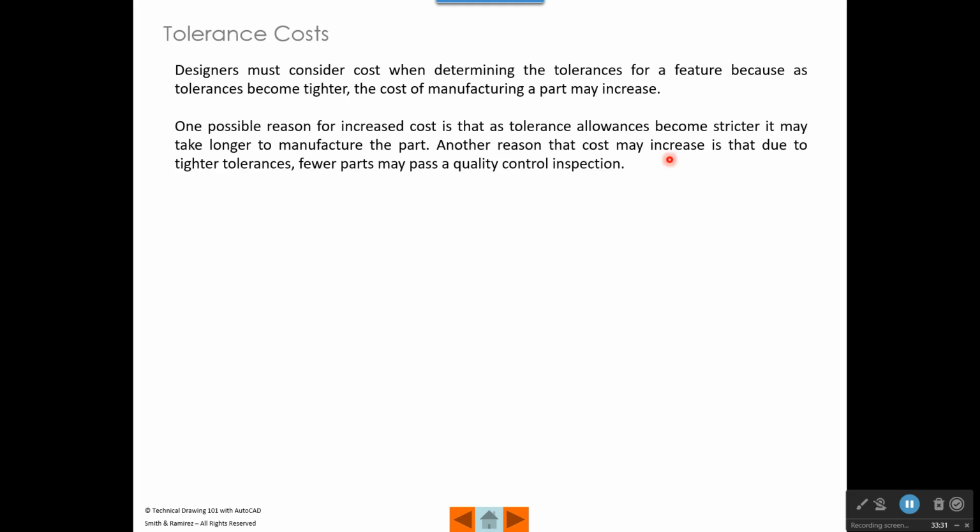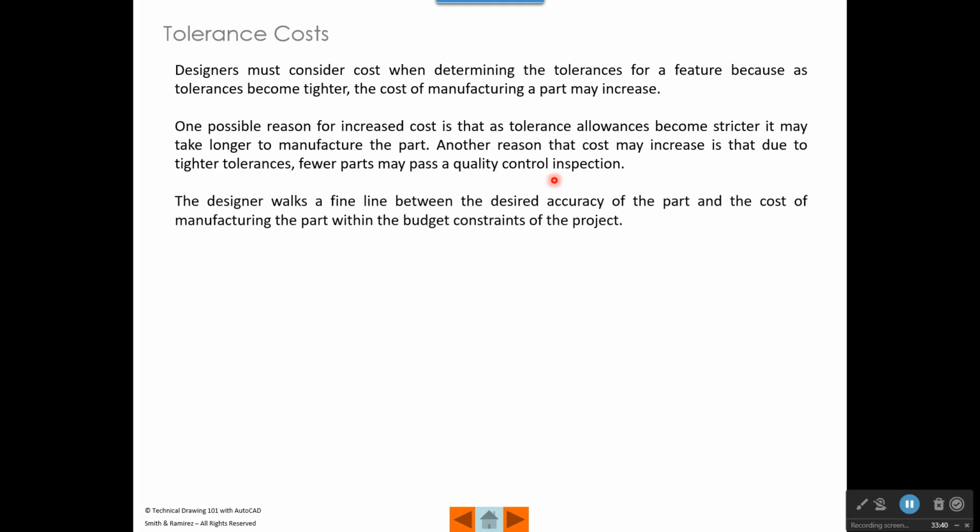Another reason that cost may increase is that due to tighter tolerances, fewer parts may pass a quality control inspection. Designers walk a fine line between the desired accuracy of a part and the cost of manufacturing the part within the budget constraints of the project.